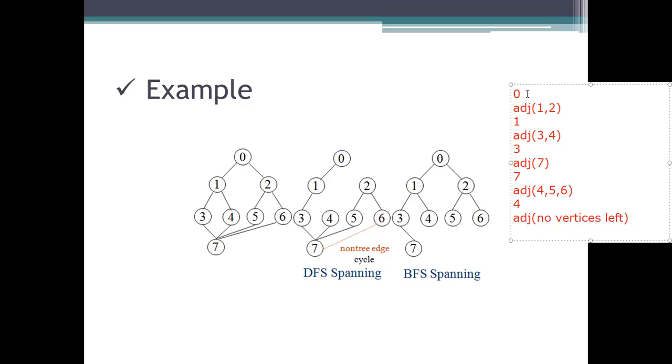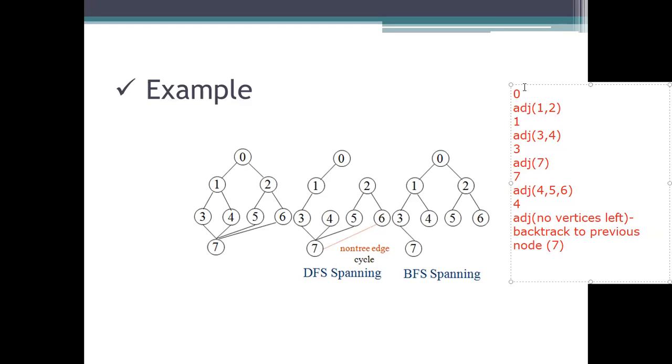Next, what we will do is backtrack to the previous node. What is the previous node here? 7. Are there any unvisited nodes? As it has unvisited nodes, 5, we visit 5.